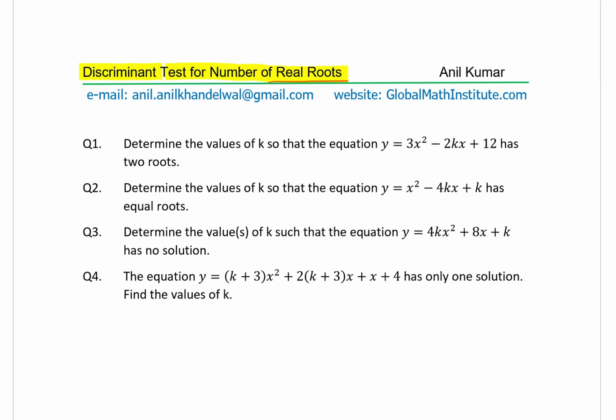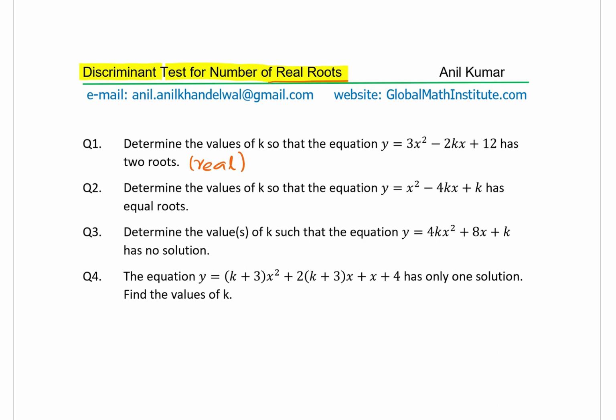The four questions here are: determine the value of k so that the equation y equals 3x squared minus 2kx plus 12 has two roots, I mean two real roots. Question 2 is determine the value of k so that this equation has equal roots.